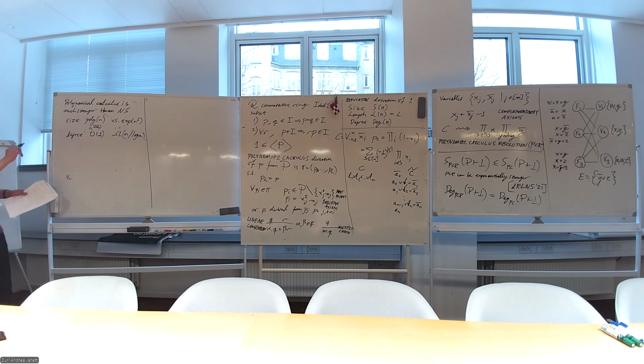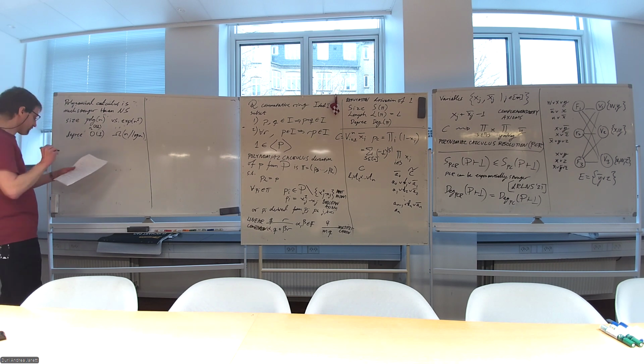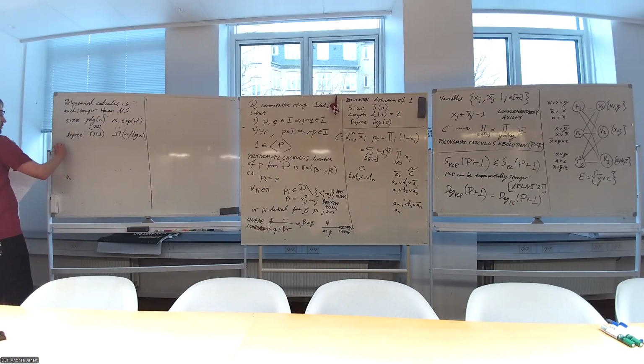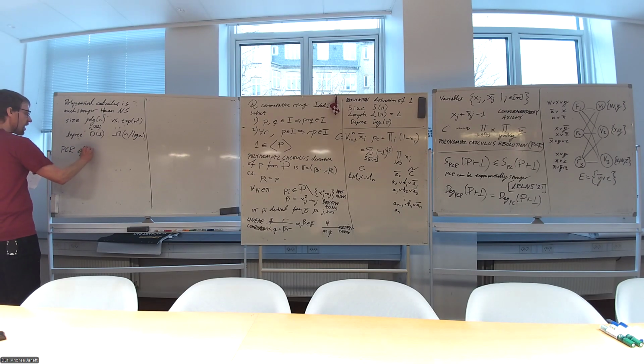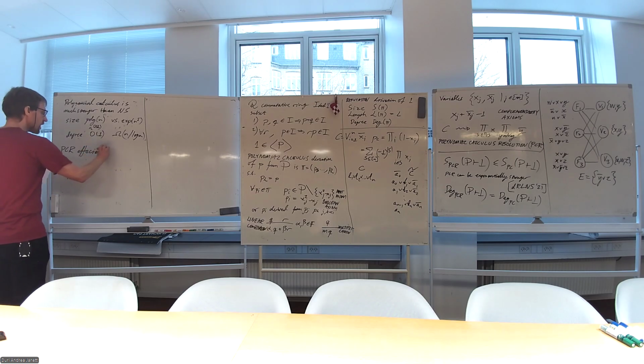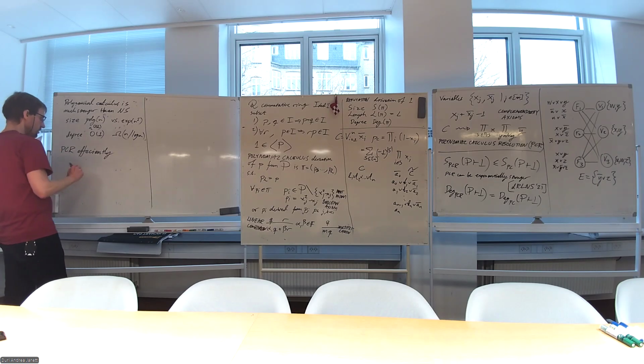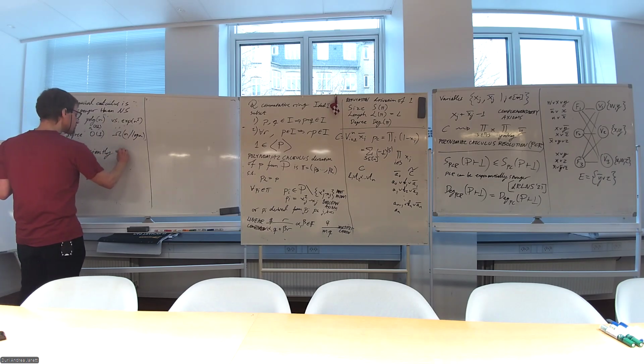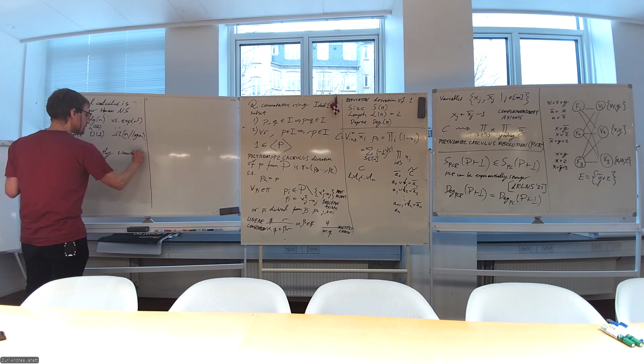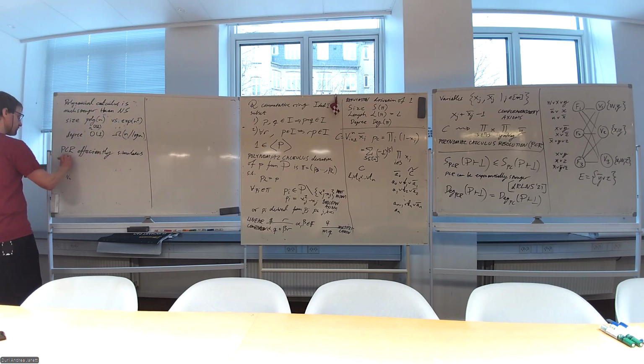So Nullstellensatz is much stronger. We also have that polynomial calculus resolution, and this is maybe why it's called this, it efficiently simulates resolution.